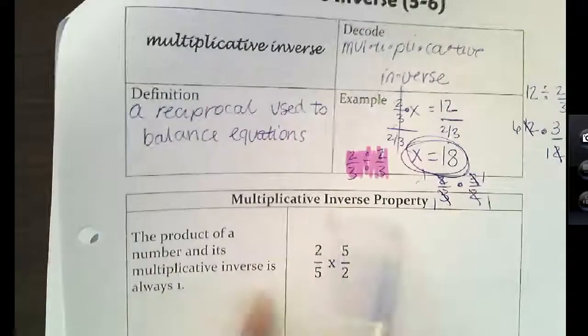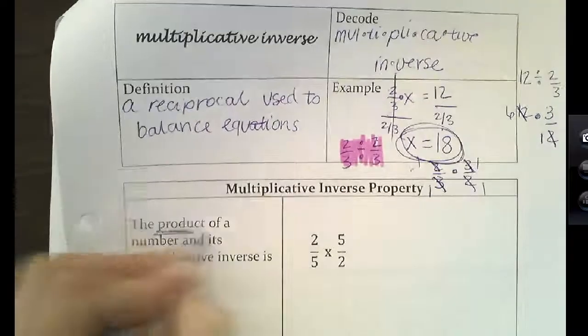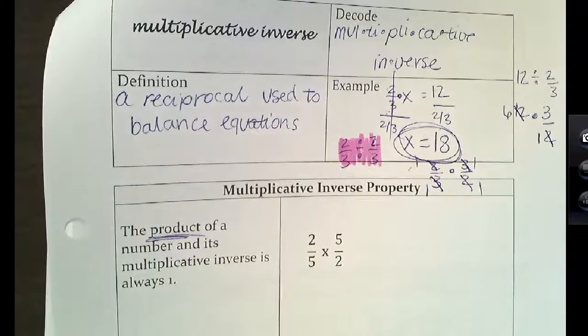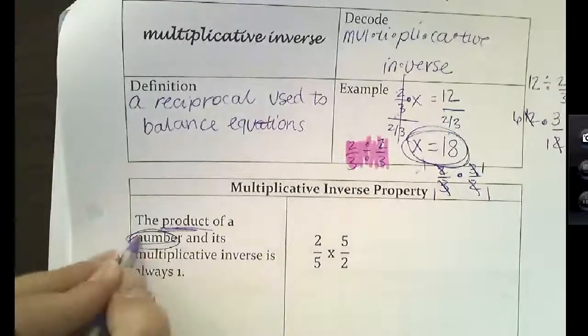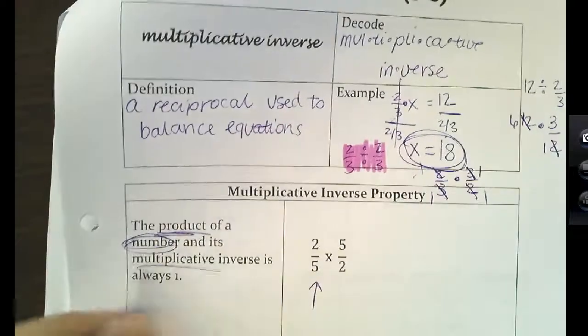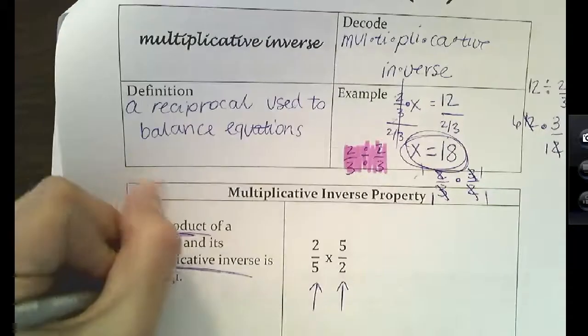The multiplicative inverse property tells us that the product, what does the word product mean? Tells you to multiply. So the product, it's the answer to a multiplication problem. You're right. The product of a number, so this is my number, 2/5, and its multiplicative inverse, 5/2, is always going to be 1.